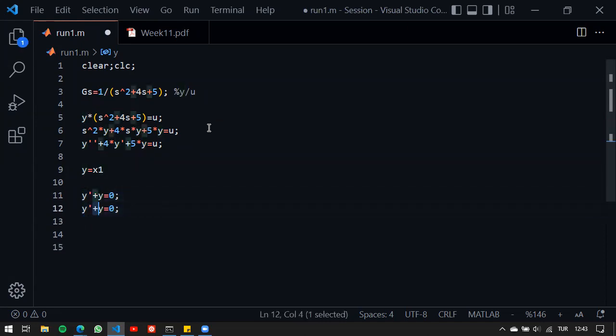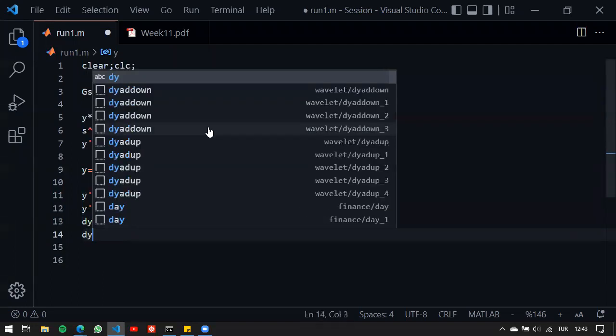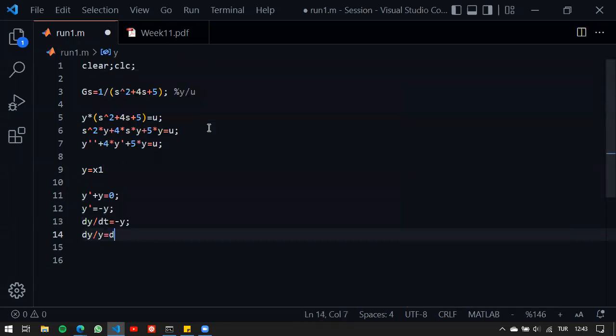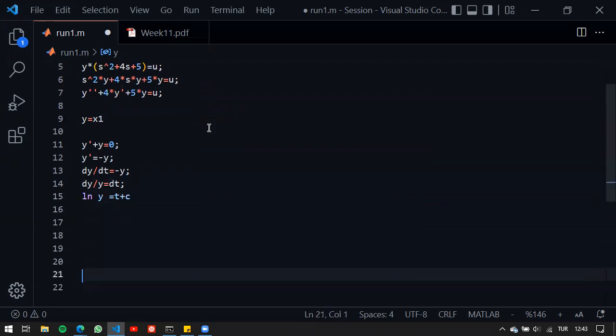Since this is dy divided by dt equals minus y, I can state the following: dy divided by y is minus dt. Taking the integral gives me ln y, the natural log of y, equal to minus t plus c, since this is an indefinite integral.